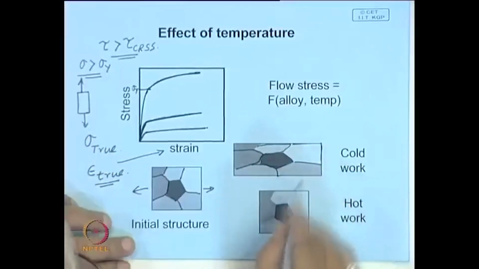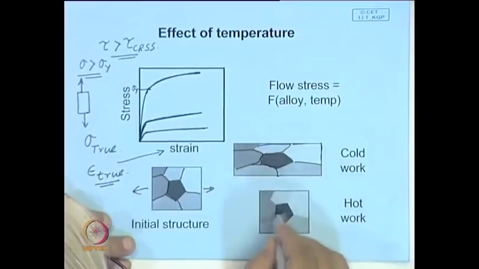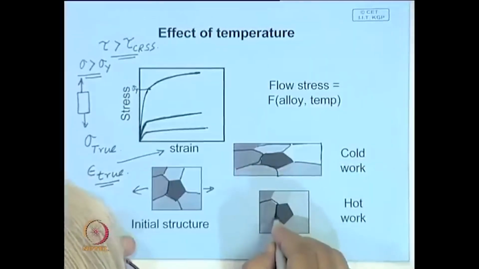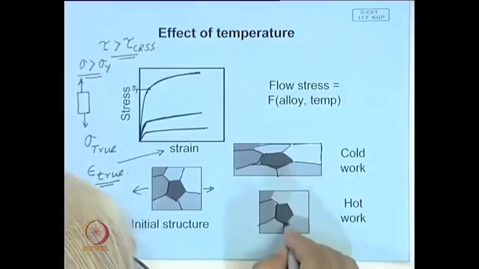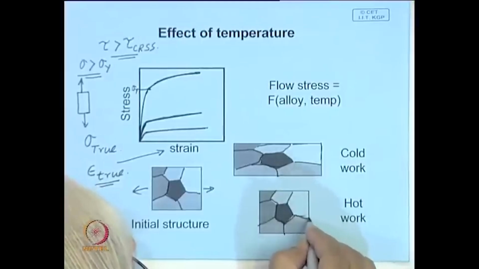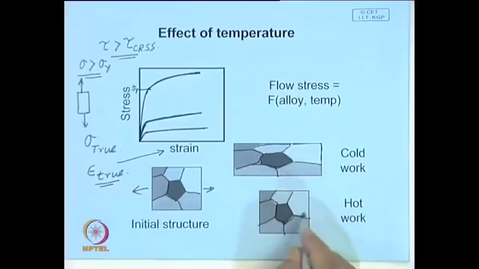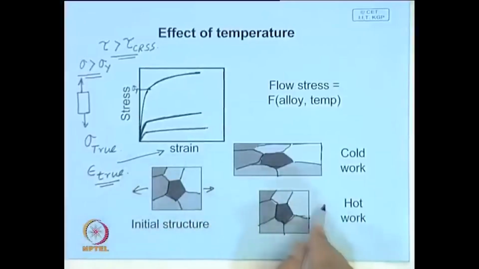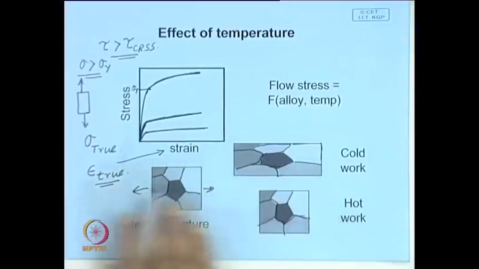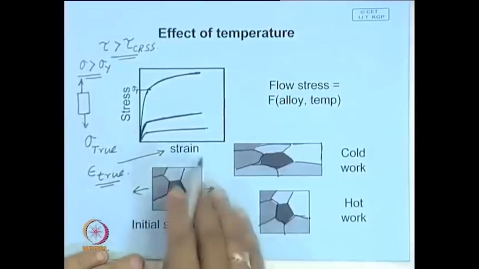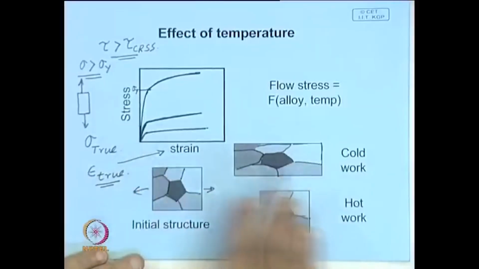But when you work at a higher temperature, after hot working, if you look at the structure, you may find it still has similar equiaxed grains. So, apparently the hot worked structure, if you look at the microstructure, may be the same before and after working. I am not talking about the initial, let us say dendritic structure here, ignore that part, as it will get reformed in hot working.